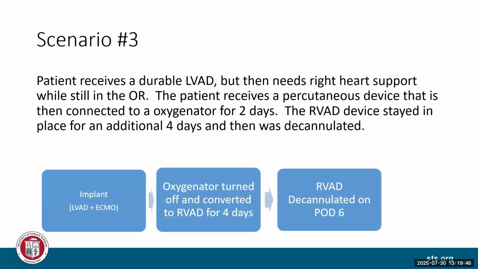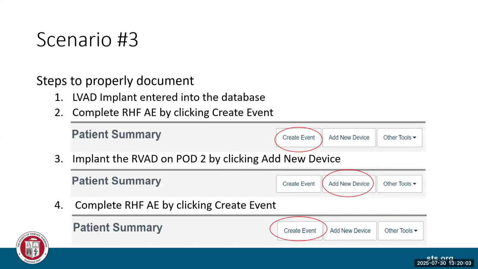So this patient, similar to the previous one, got their durable LVAD, their HeartMate 3, and in the same OR visit, they had an RVAD put in that was connected to an oxygenator. So here you'll implant your durable RVAD, complete the right heart failure event because they went on to ECMO.